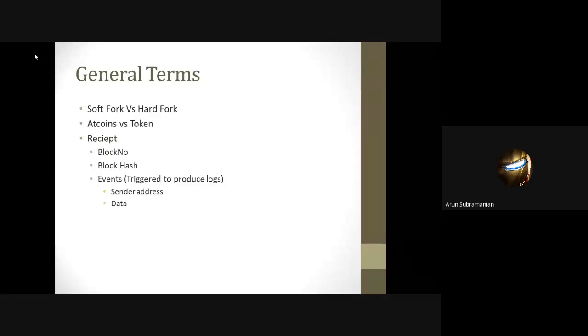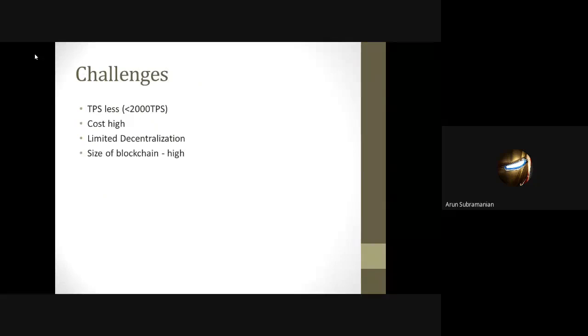The receipt also has its block number, where the receipt was generated, its block hash, and some events which are triggered to produce logs. The logs contain the sender address and the payload data. All this log information is also captured as a complete receipt and sent back to the sender. So with the general terms addressed, let's move on to the next section, challenges.